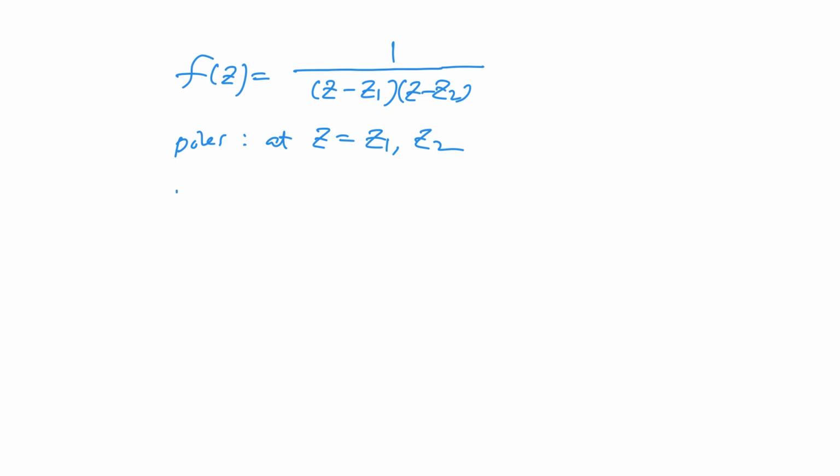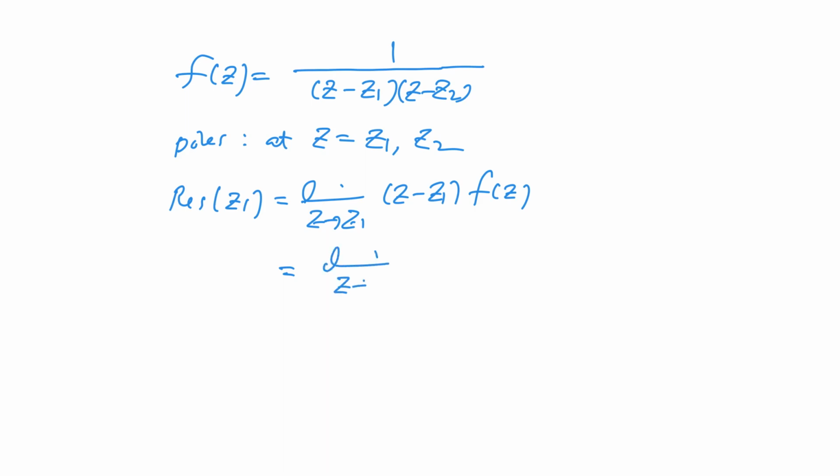So the residue at c1 is simply 1 over c1 minus c2.